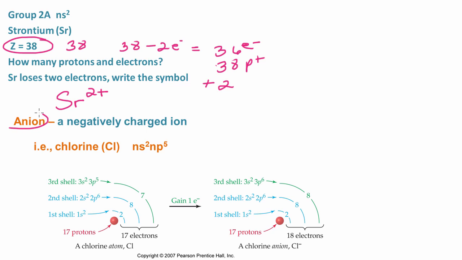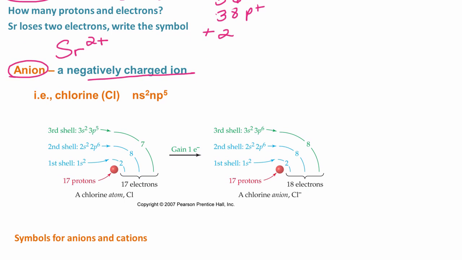Let's talk about anions. These are negatively charged ions. For example, the chlorine atom has 2 electrons in an s subshell and 5 electrons in a p subshell.